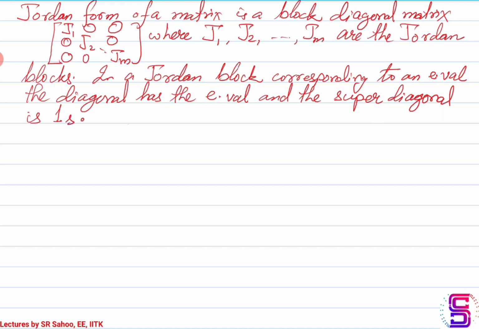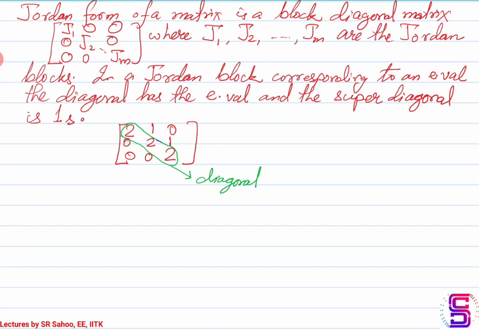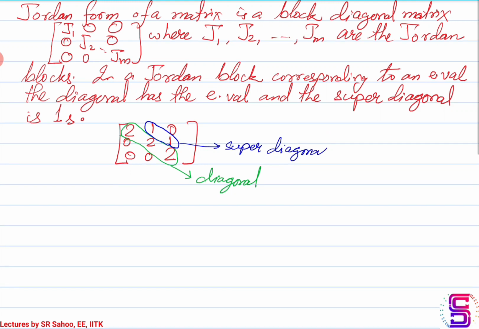For example, this is the Jordan block. This is the main diagonal, and this we call the super diagonal.